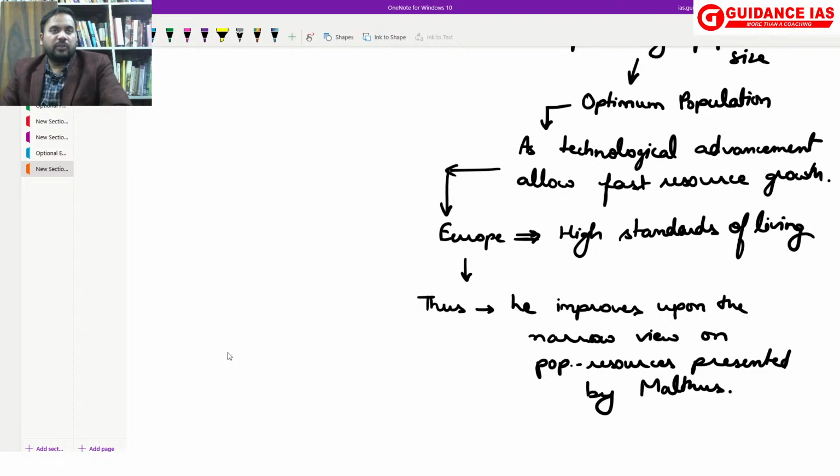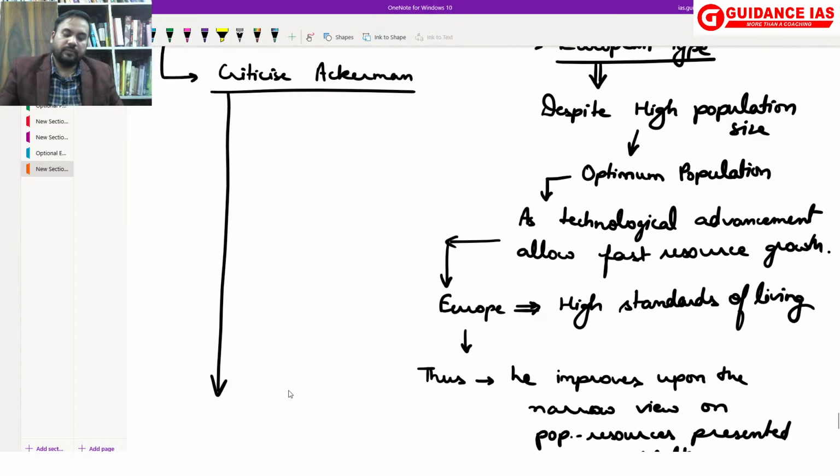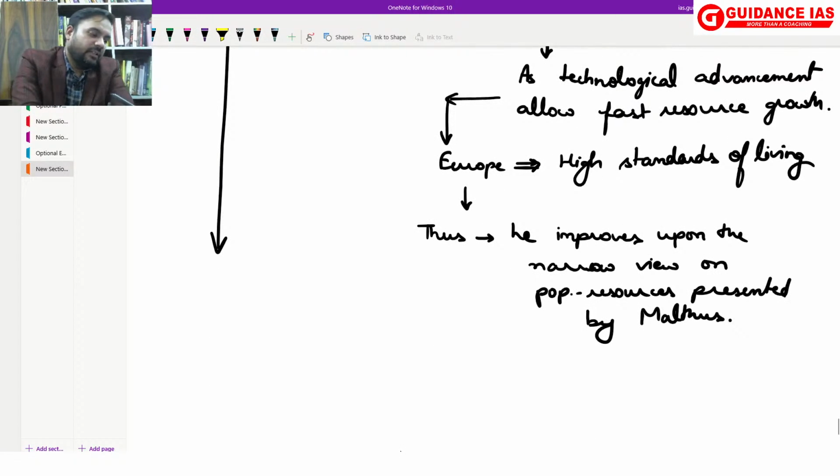ठीक है. सो ये फर्स्ट पार्ट हो गया. सेकेंड पार्ट में you will talk about criticism of Ackerman. So tell me, he includes population size and technology, but what he excludes?